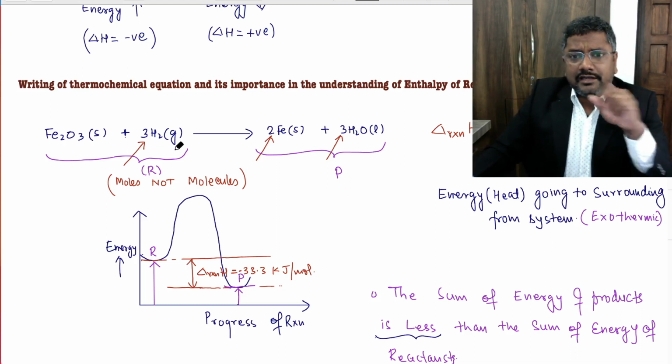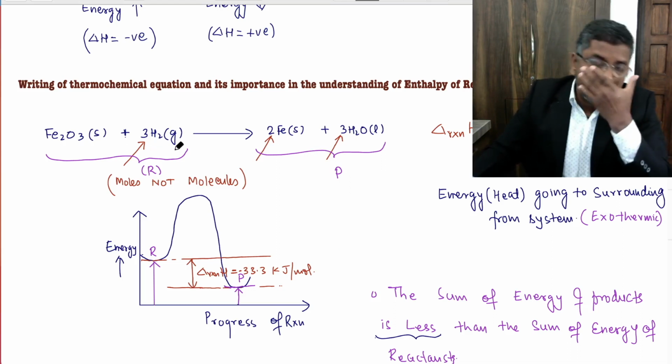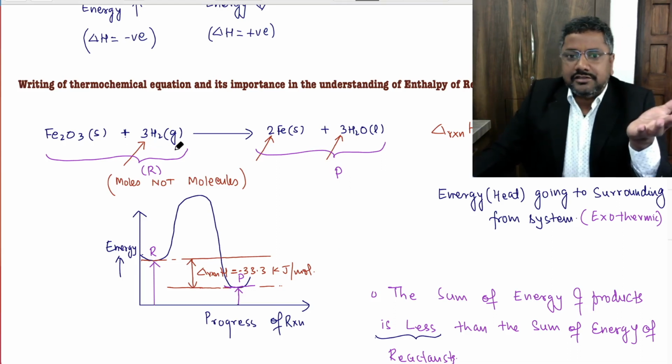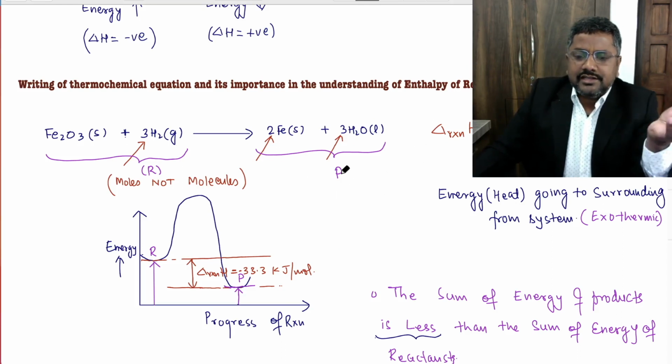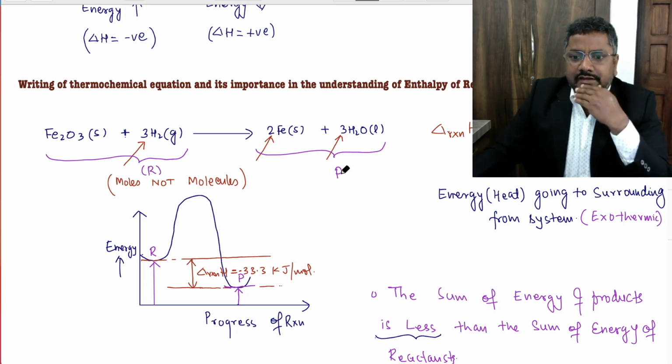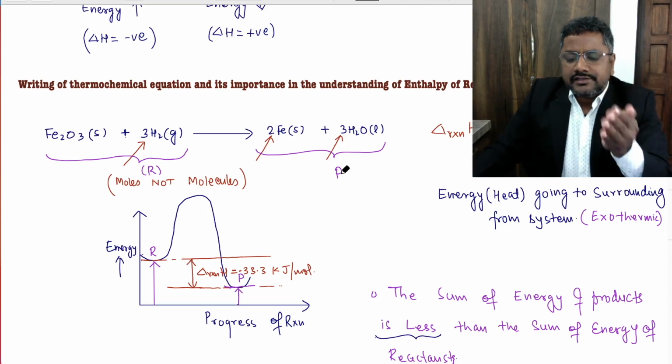And if you follow the general principle of gradient or potential, then you can say, okay, whenever the energy of product is less than the energy of reactant, meaning the reaction is exothermic, then this reaction will occur spontaneously. No external help is required to proceed this reaction in the forward direction.